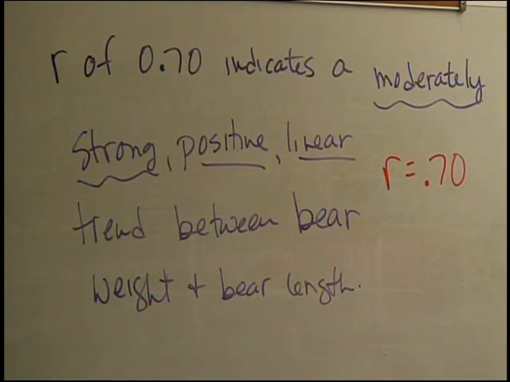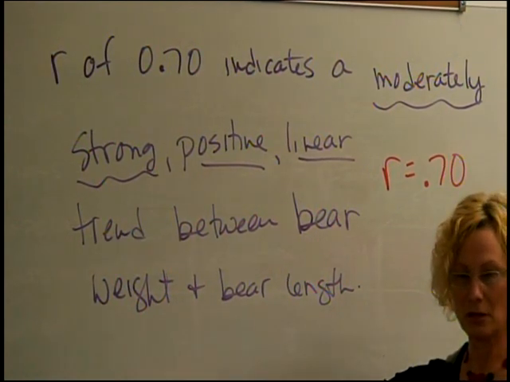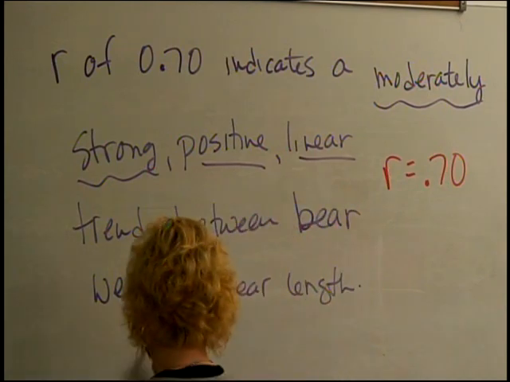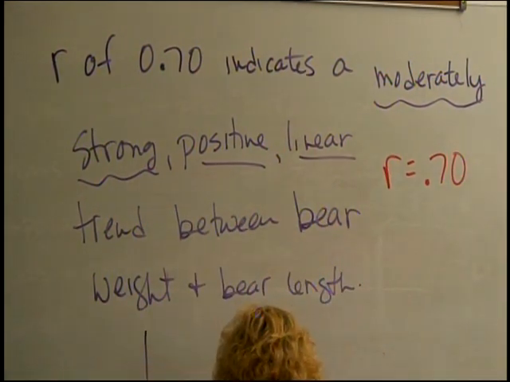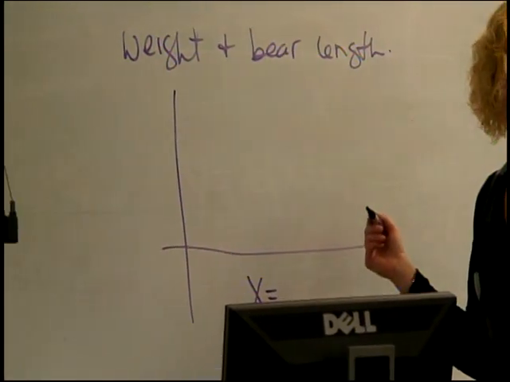Yeah, Mike. So the positive trend, what is that telling us? It tells us that, basically the longer the bear, the more food it eats? The more weight it has, yeah.